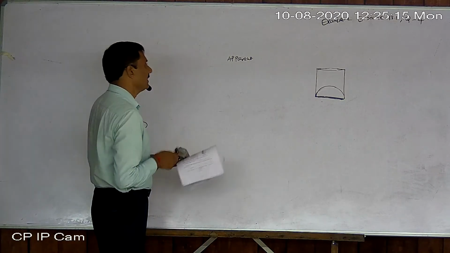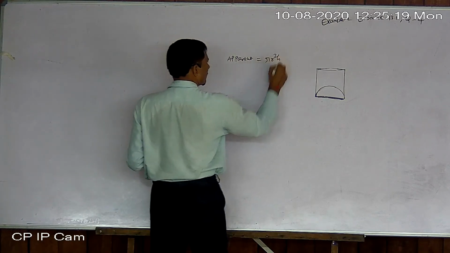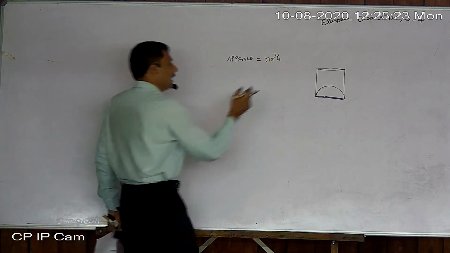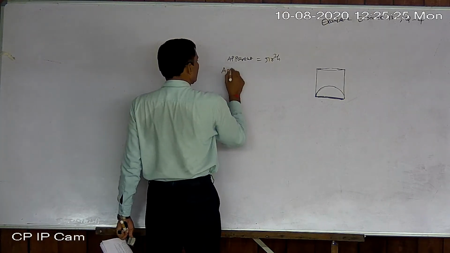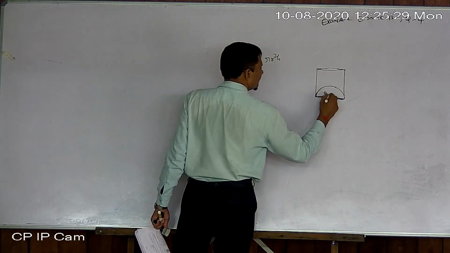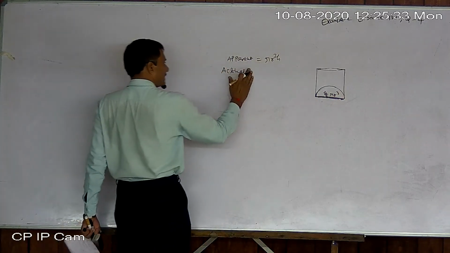Apparent means what seems to the customer only, not actual. So apparent will be pi r square h only. This is regarding volume only. And actual will be what? Actual will be 4 by 3 pi r cube, minus. So actual will be different.